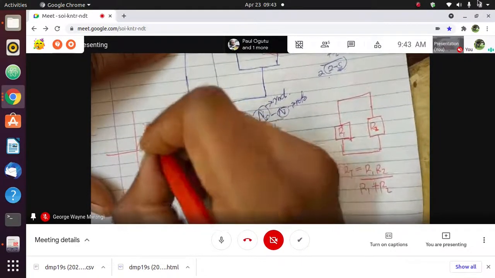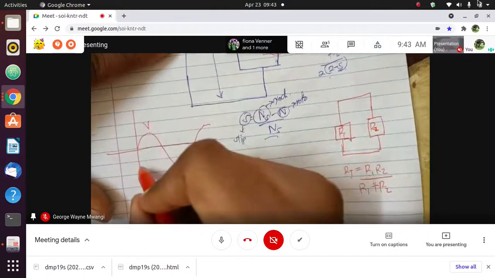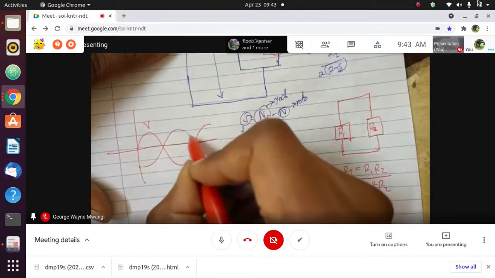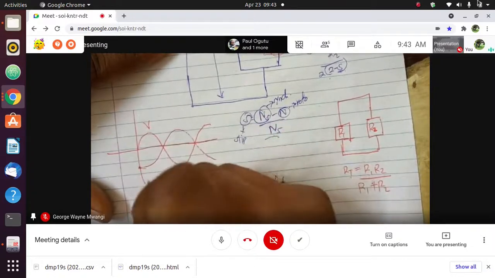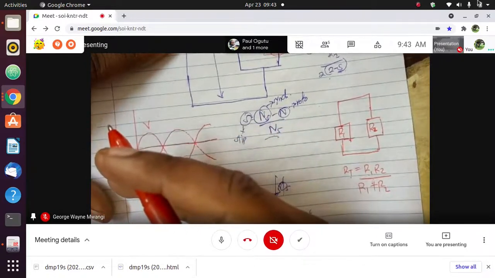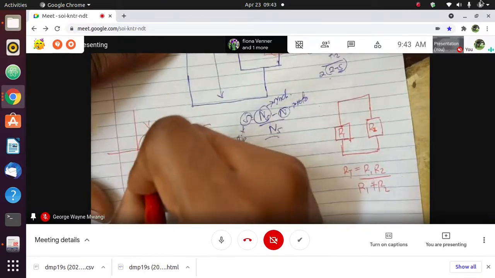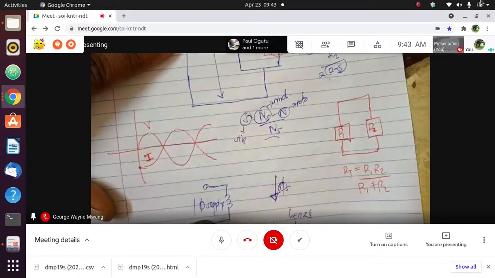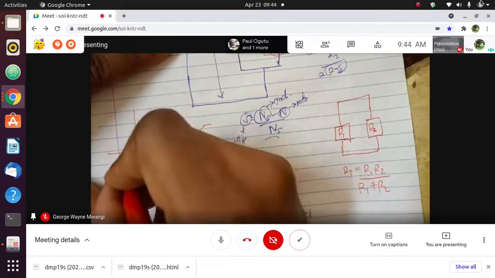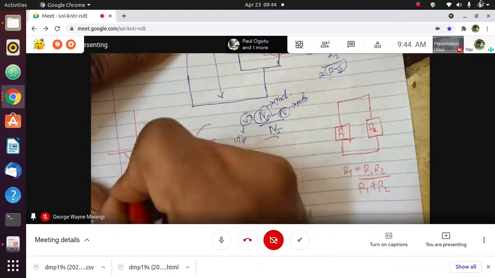Let's say this is our voltage starting here. Our current will be behind, it will be coming after the voltage in that alternating sequence. If we complete this, it will be like that.